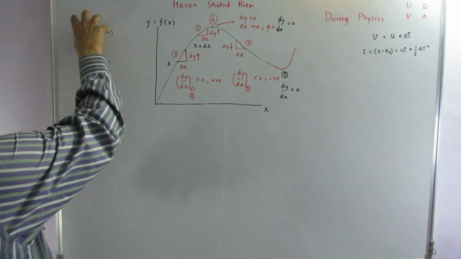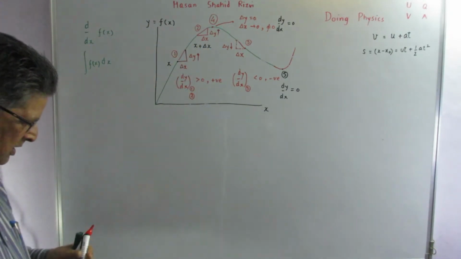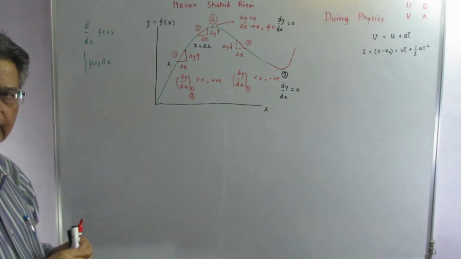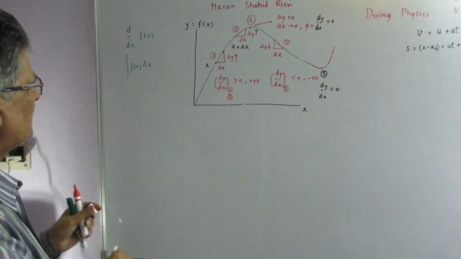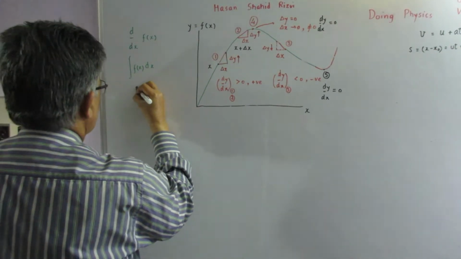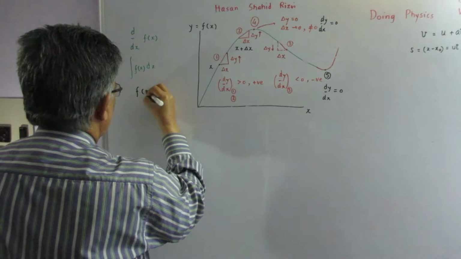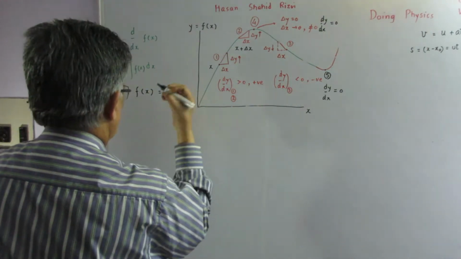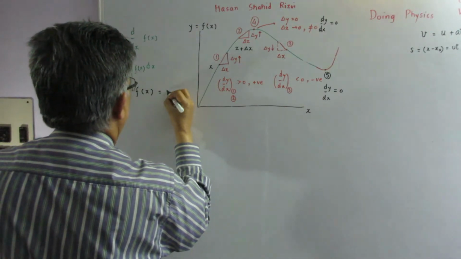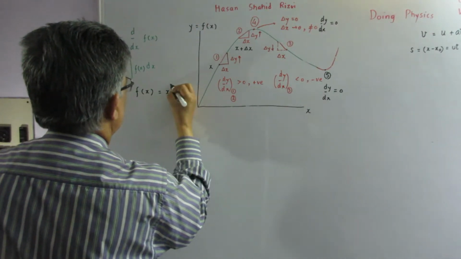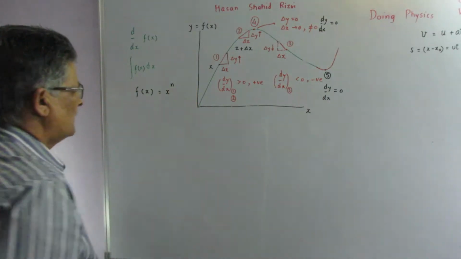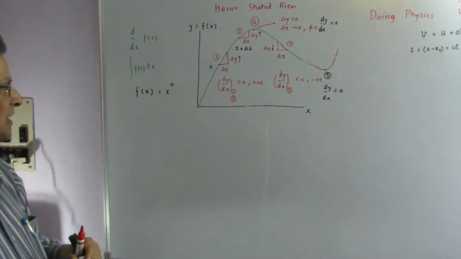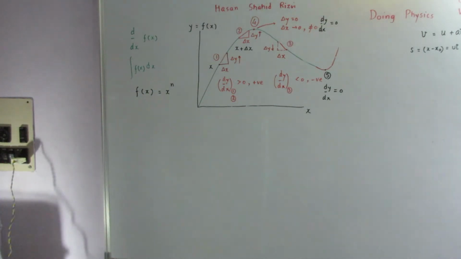So this is what it means to understand dy dx. Now for right now, as I did before also, I'll give you a certain value of f(x). Let the function of x be, just for example, x to the power of n. No constraints I have taken. I am just taking the value of this function as this.